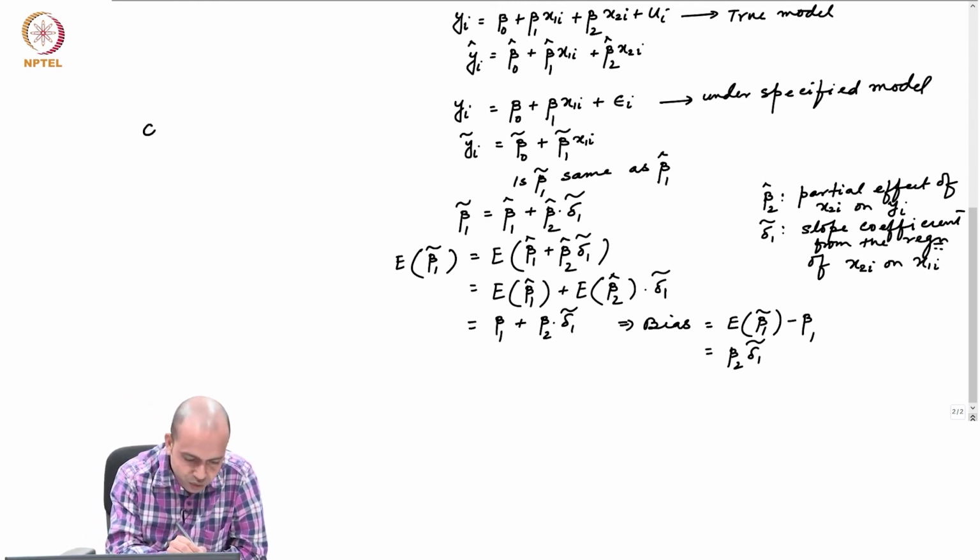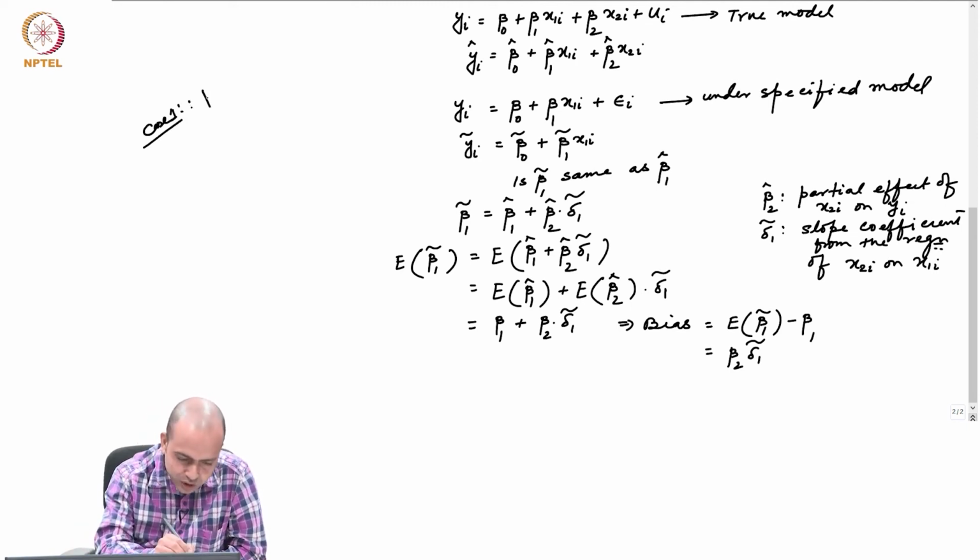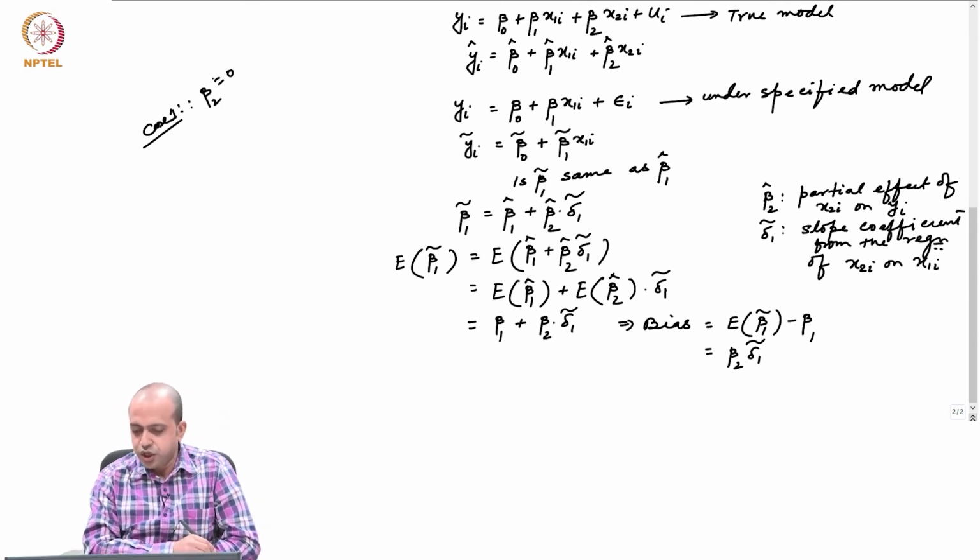We can discuss two cases. Case 1, let us say that beta 2 is actually 0. If beta 2 is 0, what does it mean? That means the ability variable does not actually qualify to be included in the model itself. That means for the population, I hypothesize ability or skill has no impact on wage.